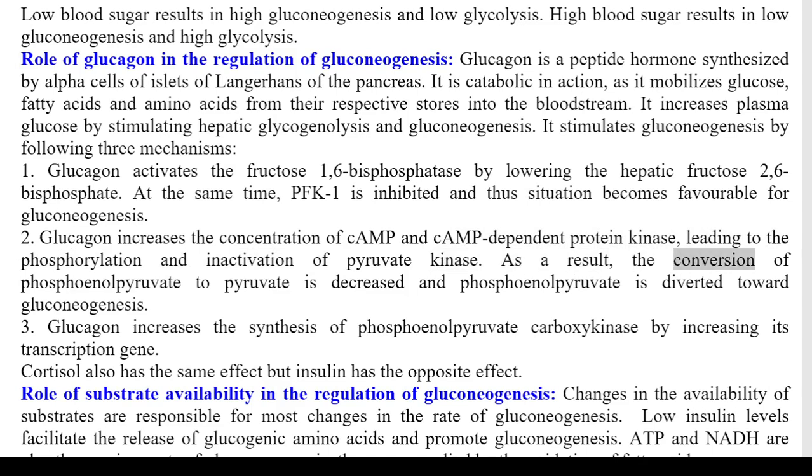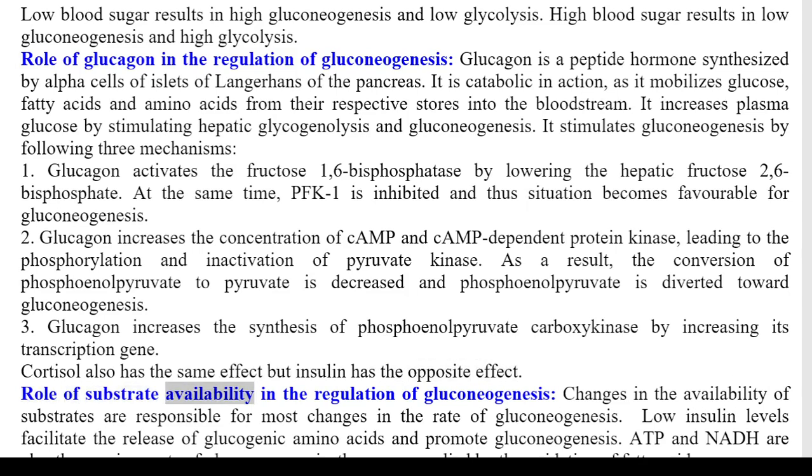As a result, the conversion of phosphoenolpyruvate to pyruvate is decreased and phosphoenolpyruvate is diverted toward gluconeogenesis. 3. Glucagon increases the synthesis of phosphoenolpyruvate carboxykinase by increasing its gene transcription. Cortisol also has the same effect but insulin has the opposite effect.